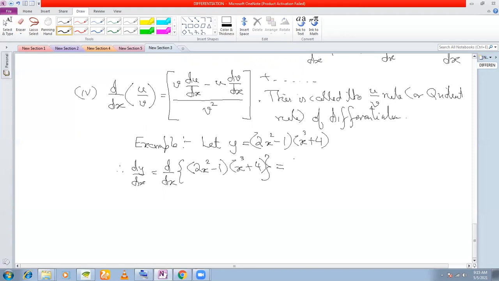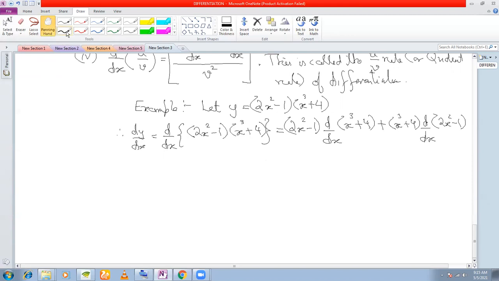We'll use U into V rule. We'll take the first function, 2x square minus 1, differentiate the next one. Then we'll take the second function and differentiate the first one.